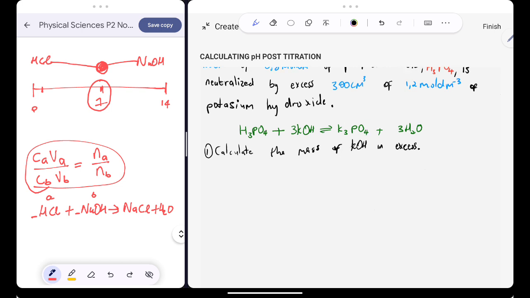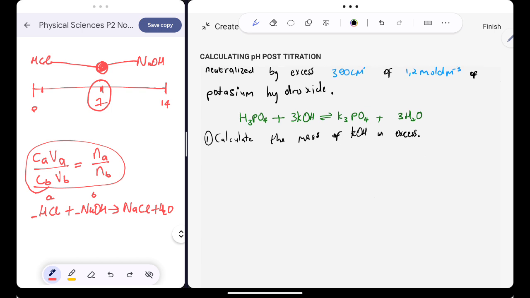You are going to use this formula because a standard solution is a solution whose concentration and volume are known. If your acid is your standard solution and you only have the volume of the base, you can simply use this formula because the only unknown you have is the concentration of your base.